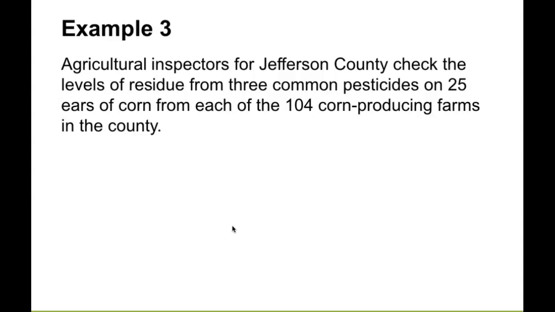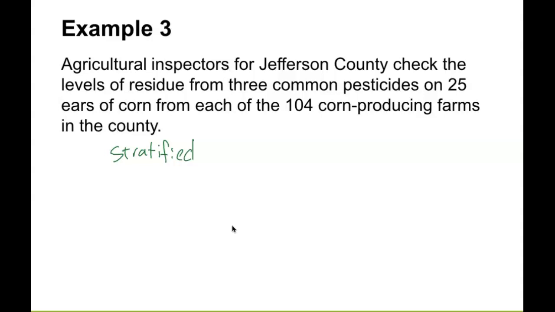Yeah. So I get what you're thinking here. This is actually stratified, but you're right. The reason it's stratified, you are taking a simple random sample, but they already pre-stratified it for us because we want 25 ears from each separate farm.